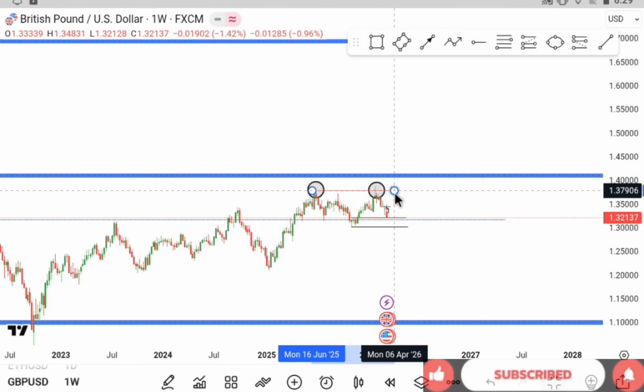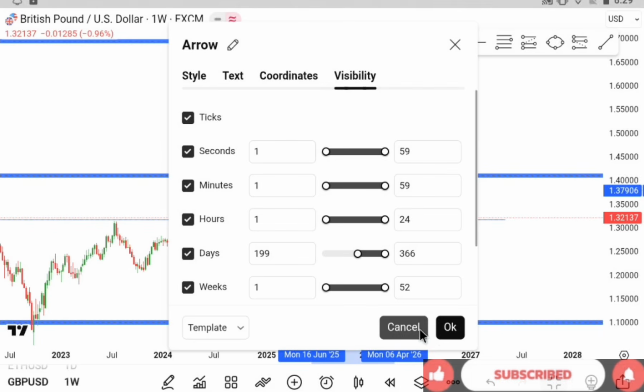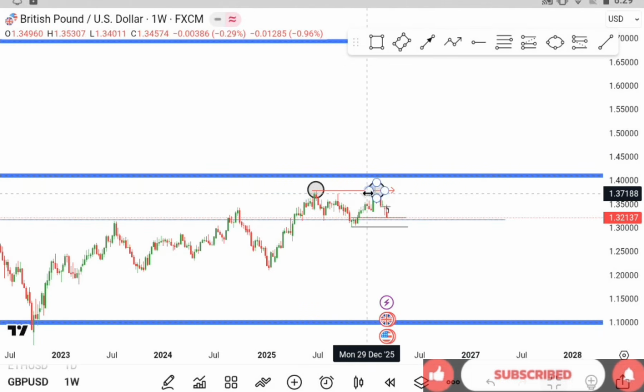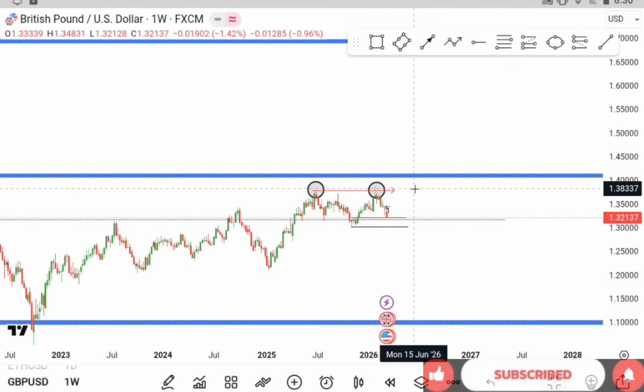In this double bottom, this is showing us that the bearish side is really taking over, taking out the bullish structures that were formed. This is a clear double bottom that formed on GBPUSD.